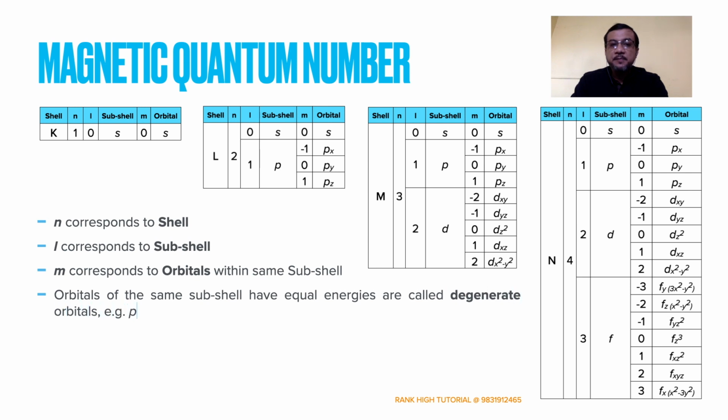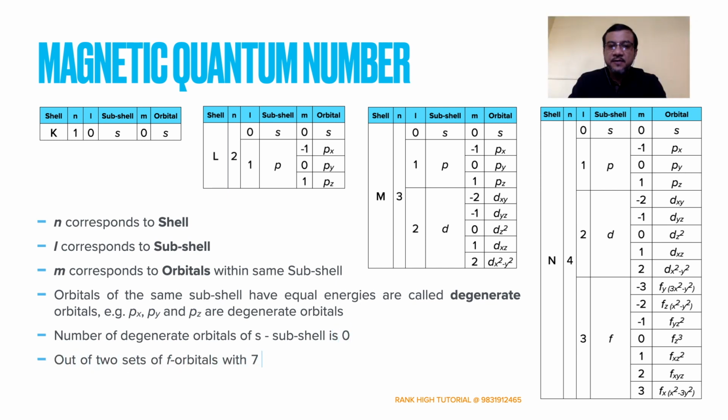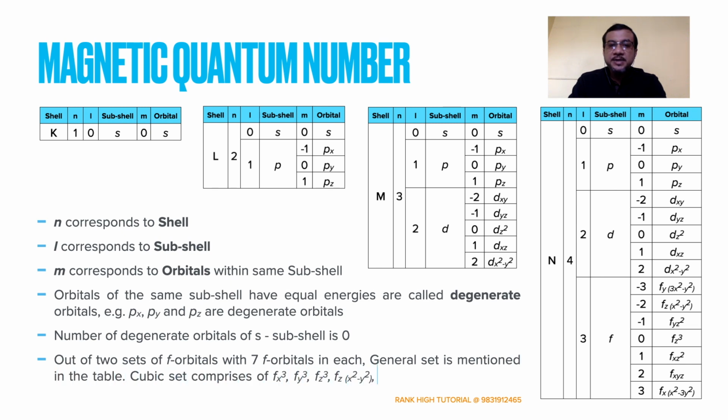For example, Px, Py and Pz are degenerate orbitals. The number of degenerate orbitals for the s subshell equals 1. Out of the two sets of f orbitals with 7 orbitals in each, the general set is mentioned in the table. The cubic set, comprising a different set of 7 f orbitals, might be appropriate if the atom is in a cubic environment.